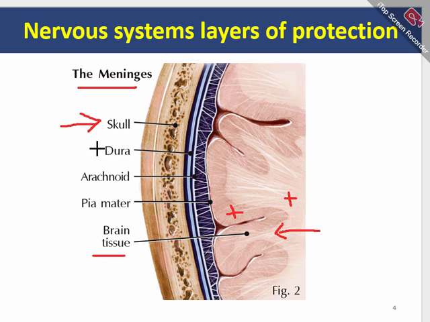Then there is the dura, and then there is the arachnoid space, and then the pia mater. In between the arachnoid space and pia mater, there is the subarachnoid space. Subarachnoid space is the space where CSF is circulating. So all around the brain, in between the bone and brain tissue, this area, which I am showing you with the help of this line, is the space where CSF is circulating.